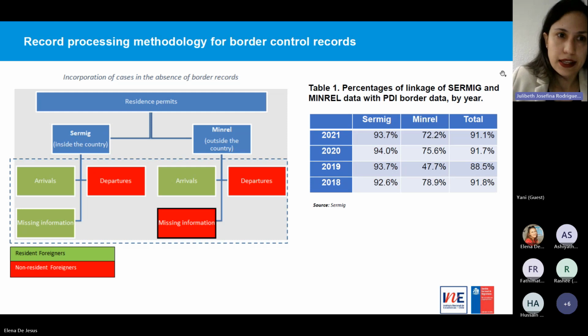But when CERMIC visas that are requested within the country do not match with border control information, these persons are added because the visa application itself is an indication that the person was in the country. But when a MINREL visa doesn't match with information from border control, these persons are not added to the estimate because there is no evidence that these people who apply for a resident permit outside the country have entered the country. Next, please.